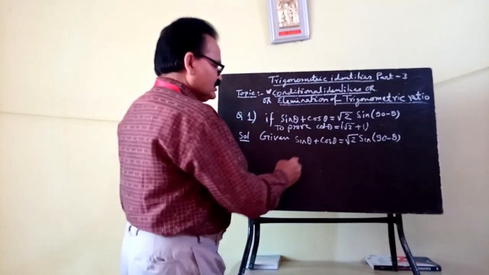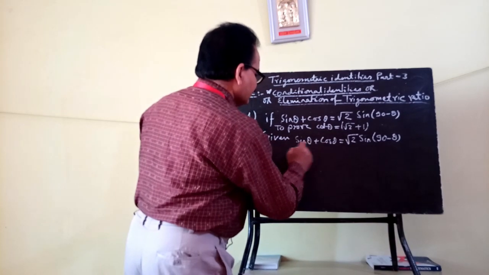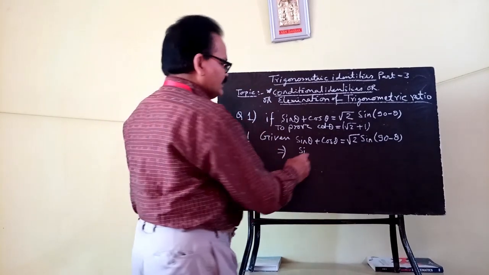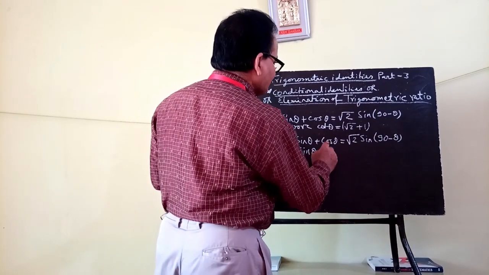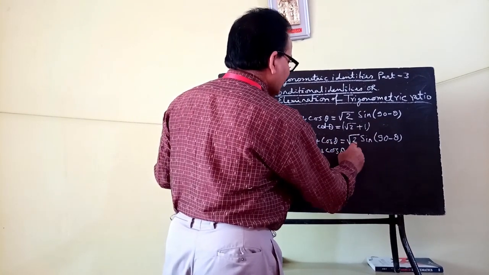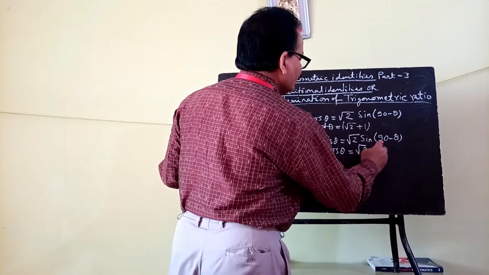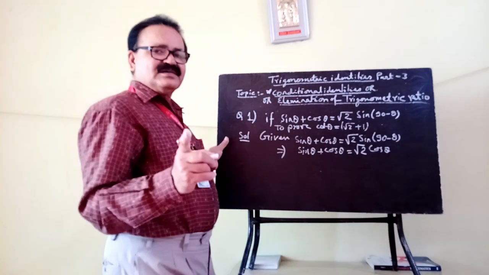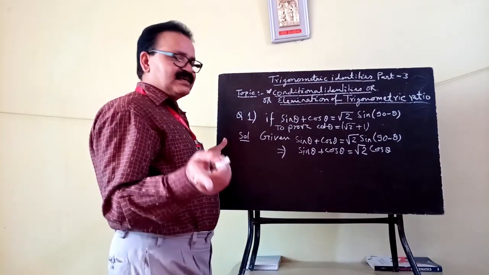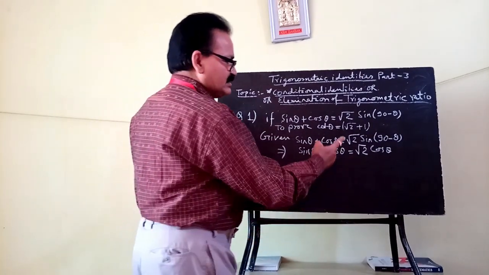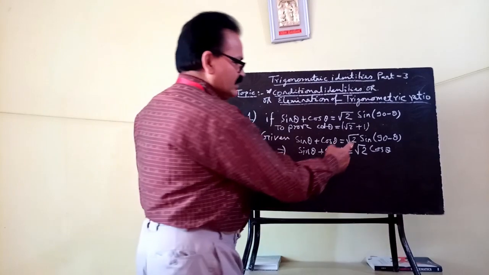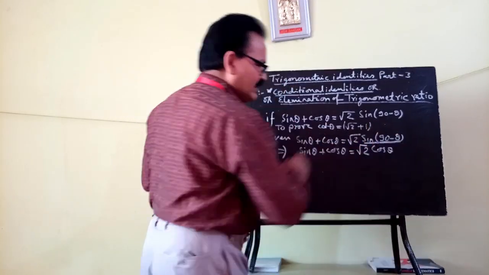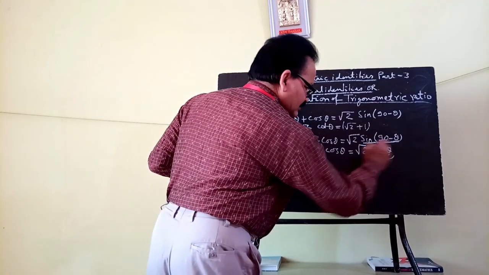Because there is an equal sign in between, you have to write the implied sign. That is, sin theta plus cos theta can be written as root 2 cos theta, because of the complementary relation I had already explained: sin (90 minus theta) is your cos theta.